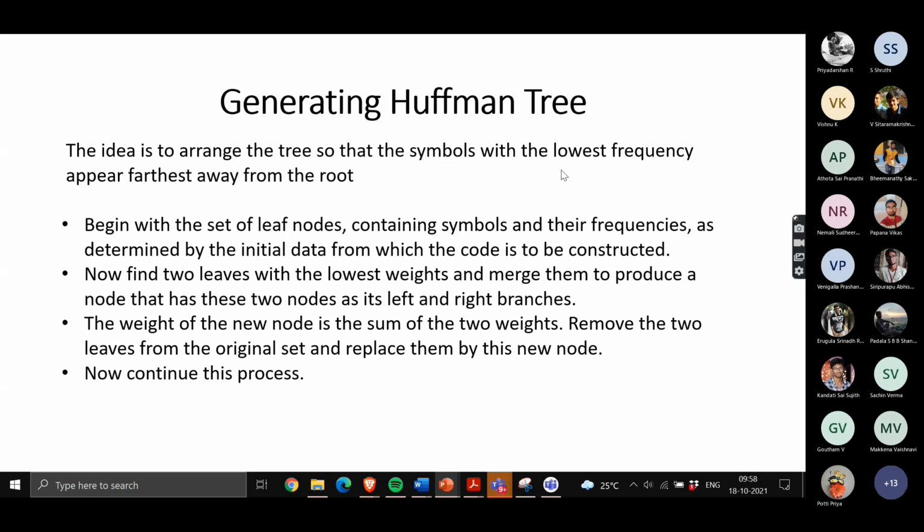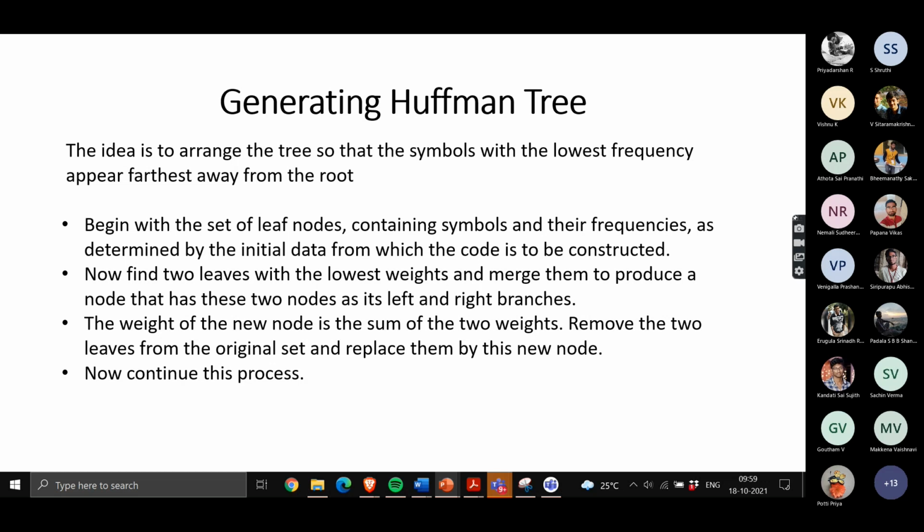Why this idea? How is it going to help us? Because in the decoding process, when you are reading the data from the message, you have to move this side or that side.